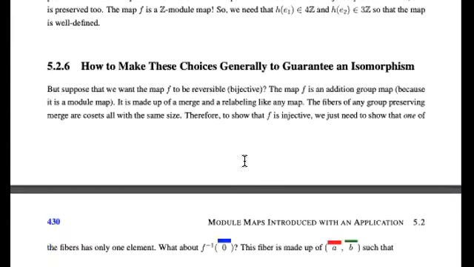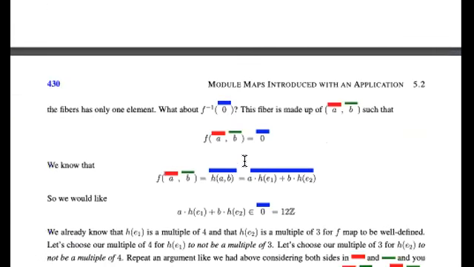All right. Well, since this is an additive group map, this is really nice because the fibers partition the domain, and to be injective, all the fibers need to have size 1. And since this is a group map, all of the fibers are cosets and they all have the same size.